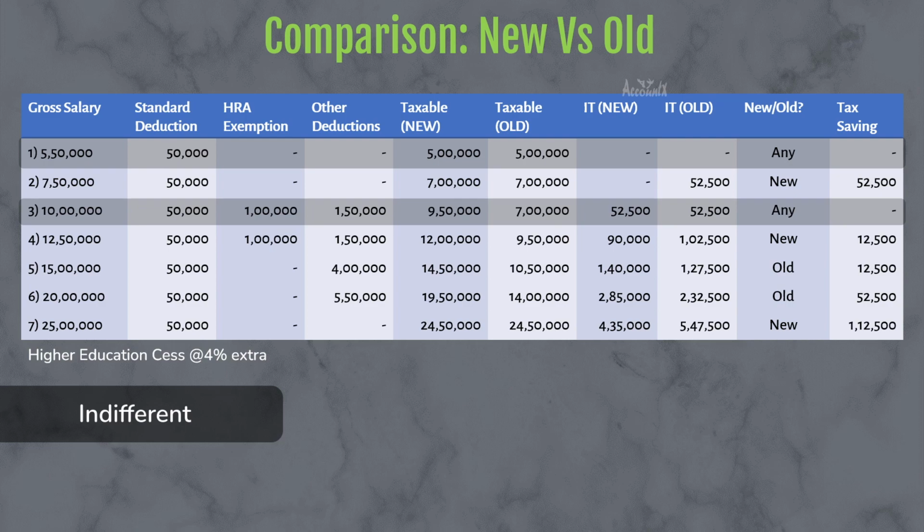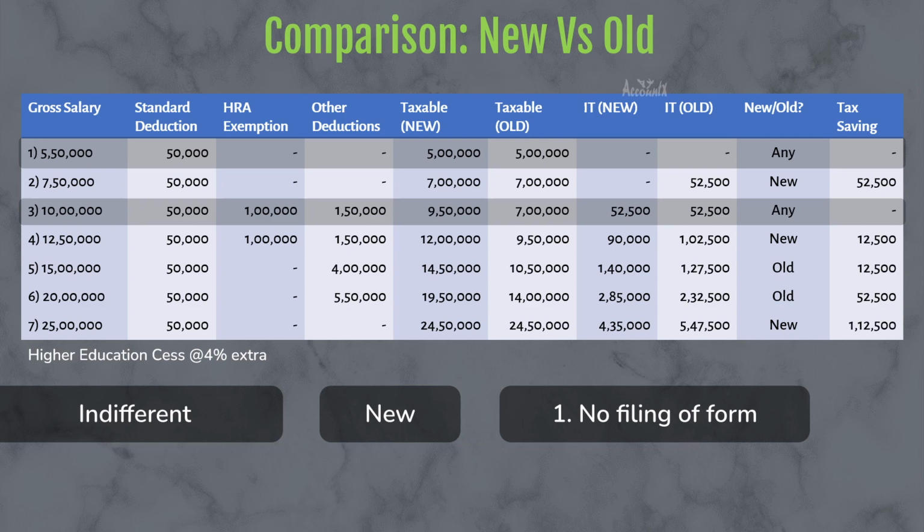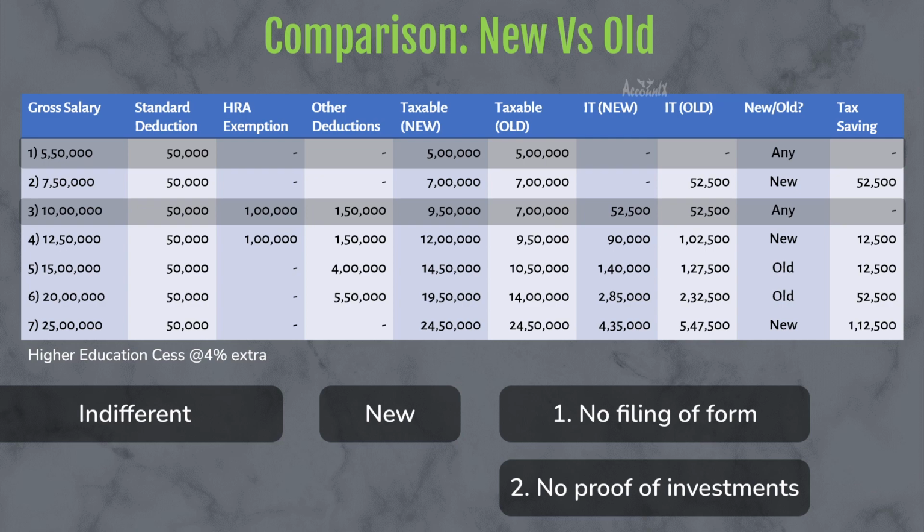In those scenarios, it is better to prefer new tax regime for two different reasons. One, because if you choose new tax regime, you don't have to file any form. Second, you will not be required to submit any proof of investments to your employer if you are a salaried individual.